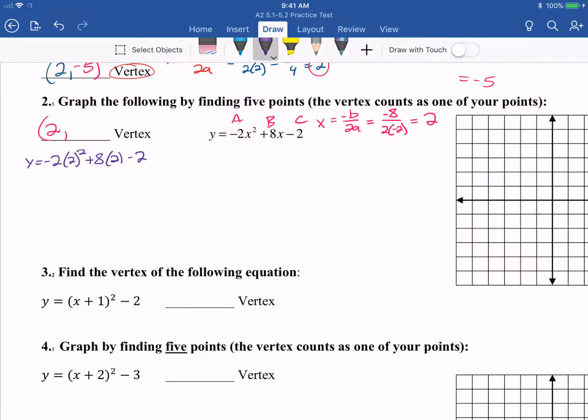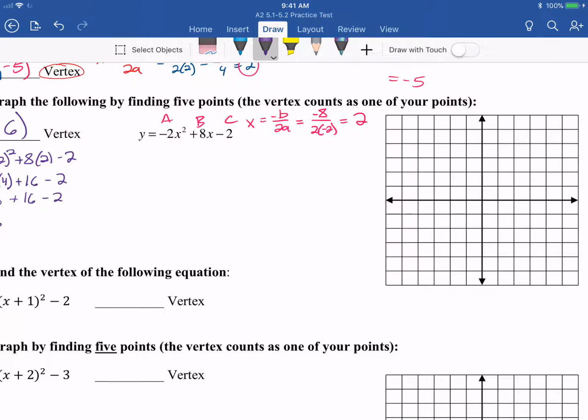I have to do 2 squared first, so this is -2 times 4 plus 16 minus 2. -2 times 4 is -8, plus 16 minus 2. So -8 plus 16 is 8, minus 2 is 6. So I get (2, 6) as my vertex for this one.